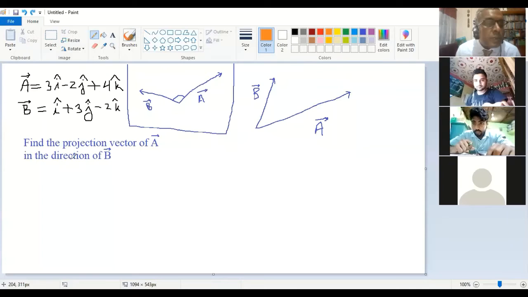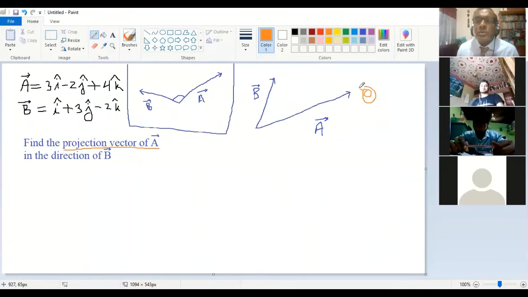Because I have said I will find out the projection of A vector. I did not say the shadow of B vector. I have said I will find out the projection of A vector. You understand this thing? So the sun is here actually. So you will get the shadow of A vector, that means A vector's shadow will be there on B vector.